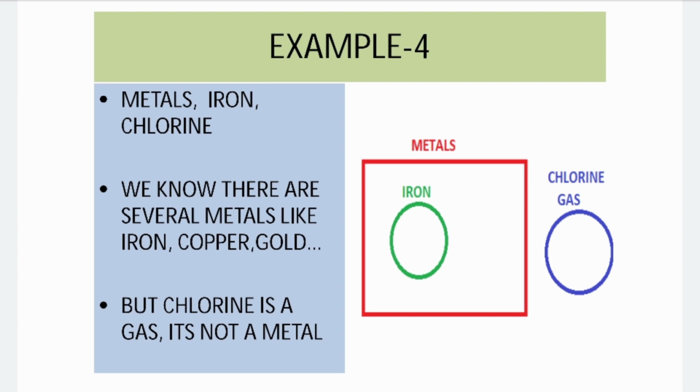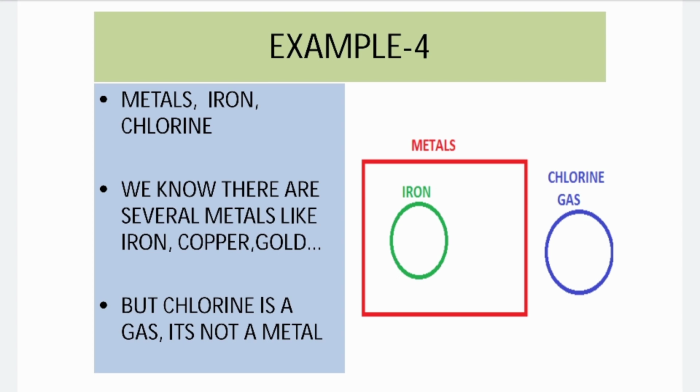So you have to take two concentric circles. The larger one is represented as metal and the smaller one is represented as iron. And what about chlorine gas? Chlorine gas, you have to take it as separate circle which is away from the concentric circles.